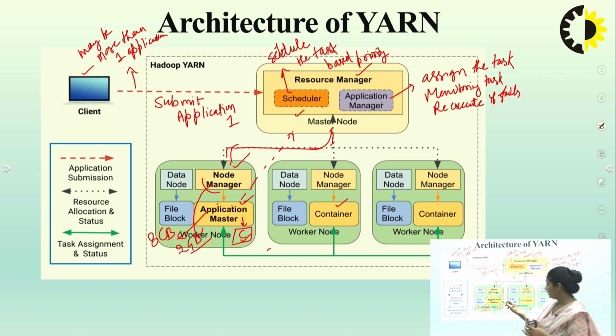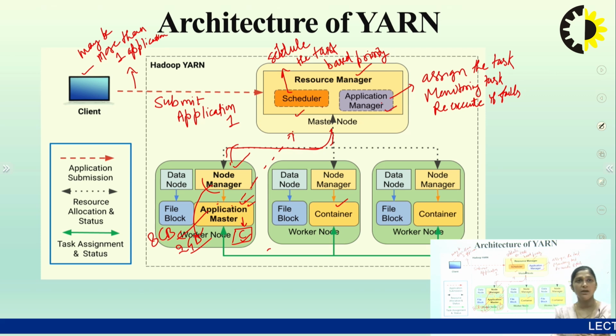Suppose this application master fails or this process doesn't execute. In that case, the application manager will assign another app master or another memory or another container through the node manager. In this way, an application will be processed.